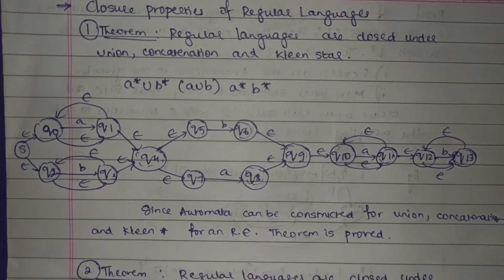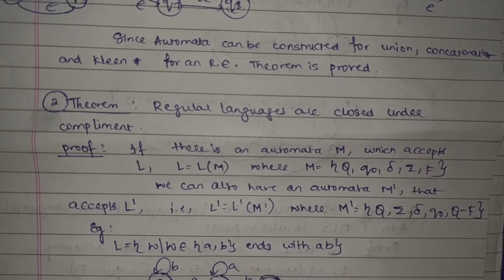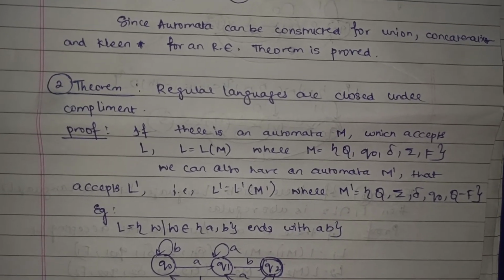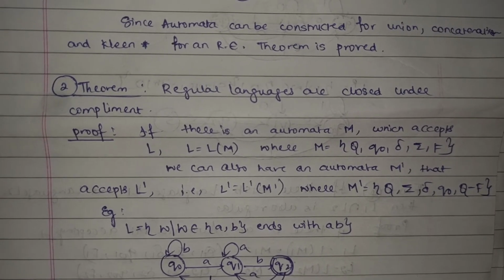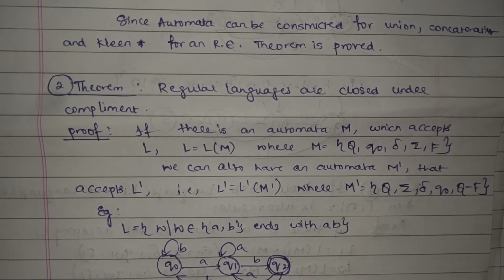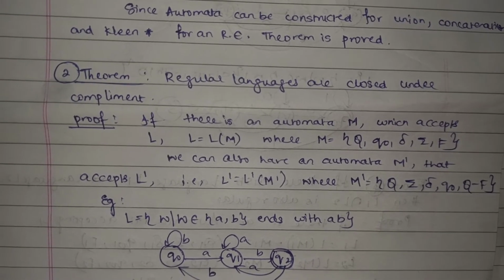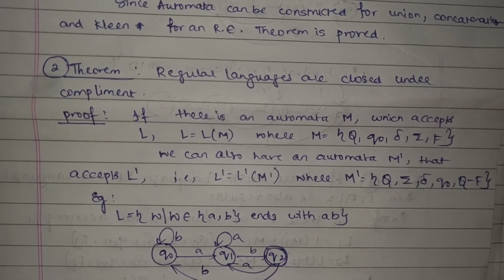Now coming to theorem 2: regular languages are closed under complement. Suppose we take a language L1 that is accepted by an automata M1.